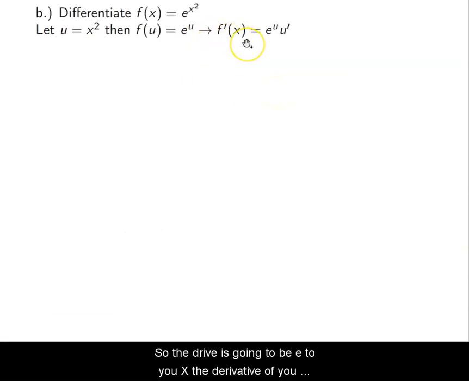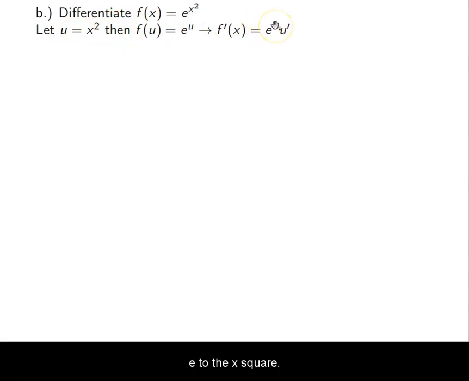Okay, so the derivative is going to be e to the u times the derivative of u, where u is x squared. So now I can just plug all my stuff back in. I know that u is x squared, so this is e to the x squared, and the derivative of x squared is 2x. So then that is going to be my answer.